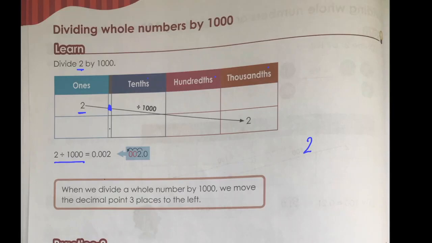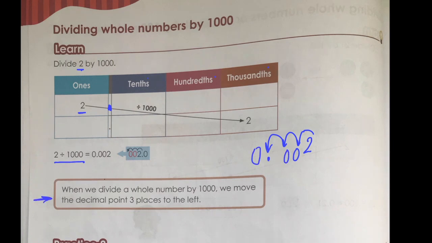So we have to move back how many times? Because it's thousands, we have to go back to the left 3 times. So we're going to do it 1, 2, 3. So the decimal goes here. So we put 0, 0, and then the decimal here, and then we put 0 before the decimal as well.